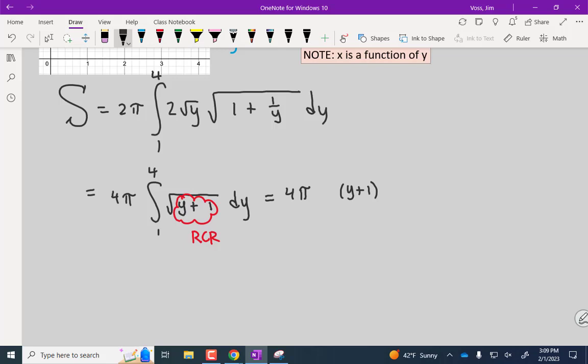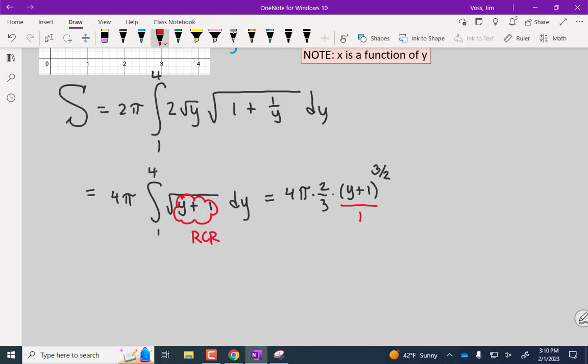Right now it's raised to the half power, so it's going to go to the 3/2 power and divide by 3/2. And then the RCR part, if that had a coefficient other than 1, we'd put it under here or put it out in front or whatever. So that division by 1 is for the RCR. I was going to do it in red just to match RCR because that's just a 1. So if the coefficient of that y was a 3, we'd divide by 3.